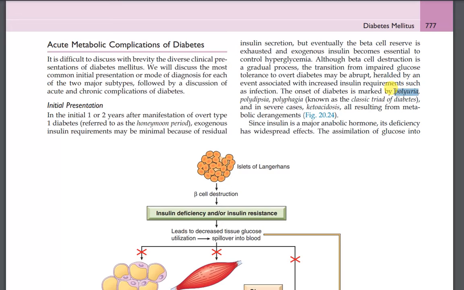Because, as I said before, of increased osmotic pressure in the blood, glucose is not... you remember that during the kidney function, most of glucose is reabsorbed in proximal convoluted tubules. But in this case, the concentration of glucose is so high that proximal convoluted tubules cannot reabsorb this glucose, and then this glucose continues its travel through the loop of Henle and distal convoluted tubules.